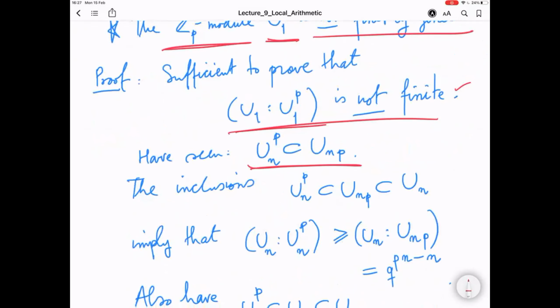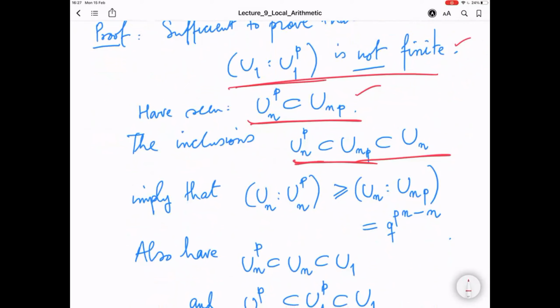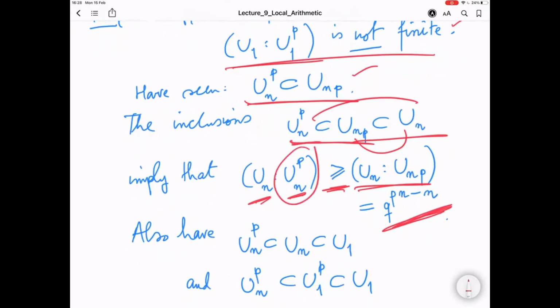And we know Un to the power p is contained in Unp, and Unp is of course contained in Un. So the index of this last one in the first one is certainly going to be bigger than this index, and this index we have computed. It's equal to this. So keep this in mind, that the index of Un to the power p inside Un is bigger than this.